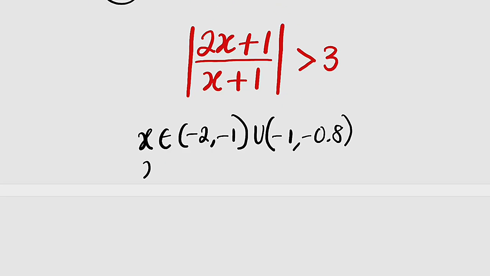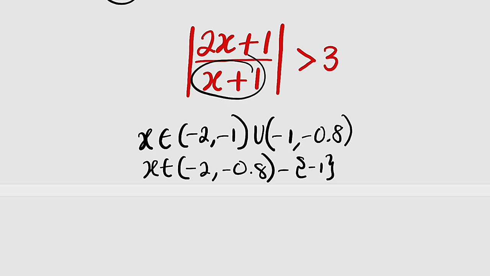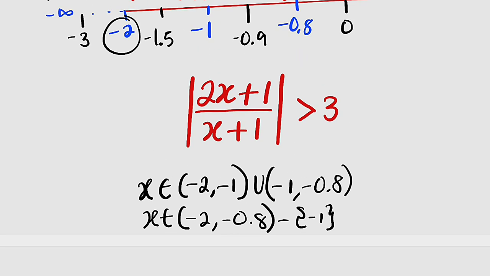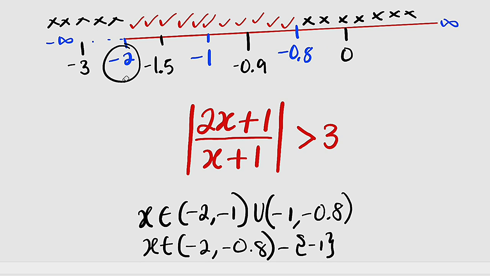Or you could say that x belongs to the interval from negative 2 to negative 0.8, minus negative 1. Because remember, when x is negative 1, the bottom will be 0, which is undefined. This is another way to write it. Or you can use inequality and say that x is from negative 2 to negative 0.8, excluding negative 1.